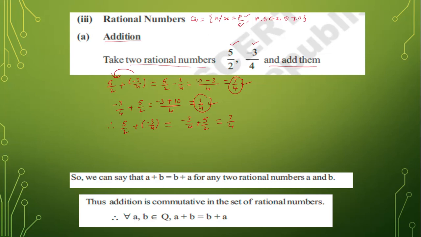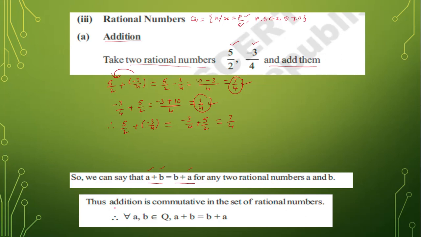Hence, we can say the rational numbers are commutative under addition. So that you observe at the bottom of the screen. We can say that a plus b is equal to b plus a, where a and b are any two rational numbers. a plus b is equal to b plus a for any two rationals.